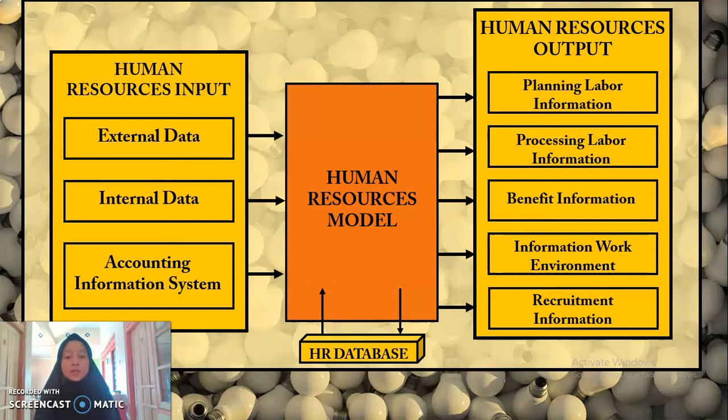The third is benefit information, which includes additional benefits that employees get from the company, such as pension funds and insurance. The fourth is work environment information, such as information about employee complaints, accidents during work, employee health, and how the work environment is, because it will indirectly affect employee performance and comfort, which will later support employees in doing the work.